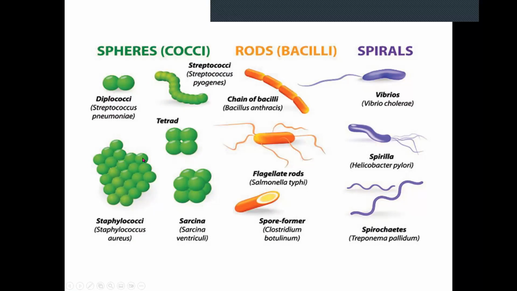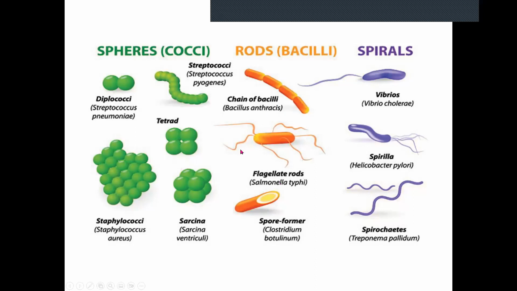You can have staphylococci, they're like bunches of grapes. Staphylococcus aureus, that's golden staph. That's a really nasty one, easy to pick up in hospitals, and often a killer if it's not picked up early enough. And then you've got bacillus in chains.